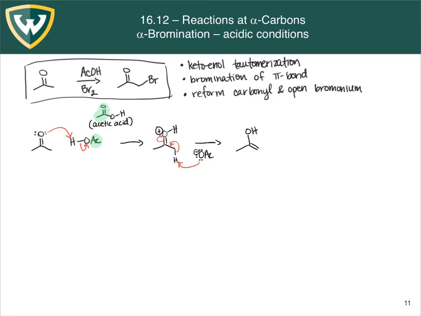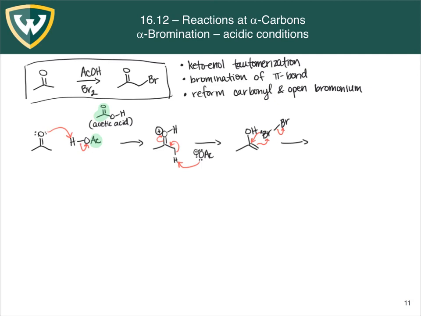And then we're going to react with bromine just like we would if we had a normal olefin. So our pi bond is going to attack, kicking out bromide, and then the lone pair on bromine can come back in and prevent us from actually forming a positive charge there.